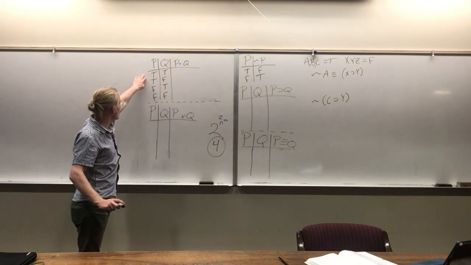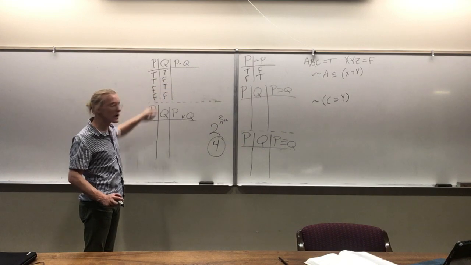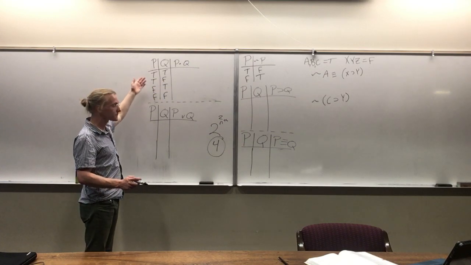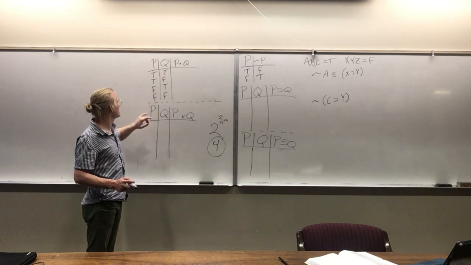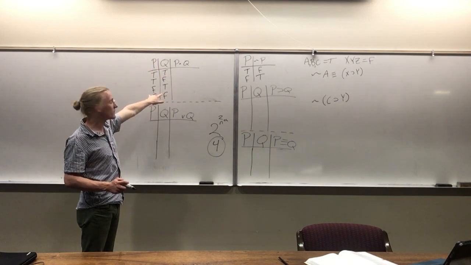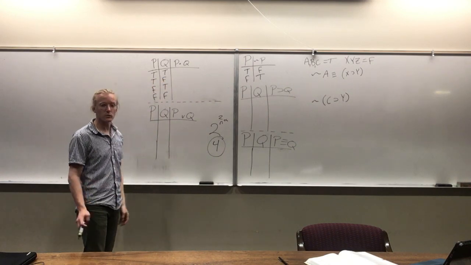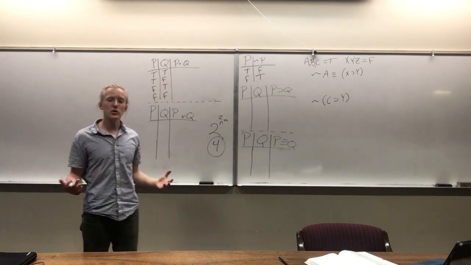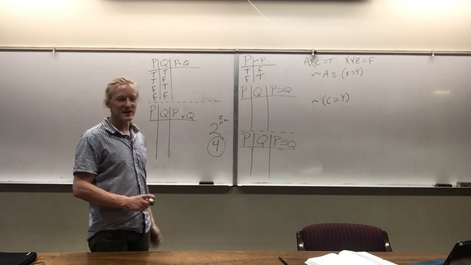So alternating in this way, by doing 2 and 2 and then 1, 1, 1, 1, gives me this. So either both of our sentence letters are going to be true, likewise they'll be false. The first one could be true and the second one false, or the first one false and the second one true. And this exhausts all of the possibilities for truth values for these two sentence letters.